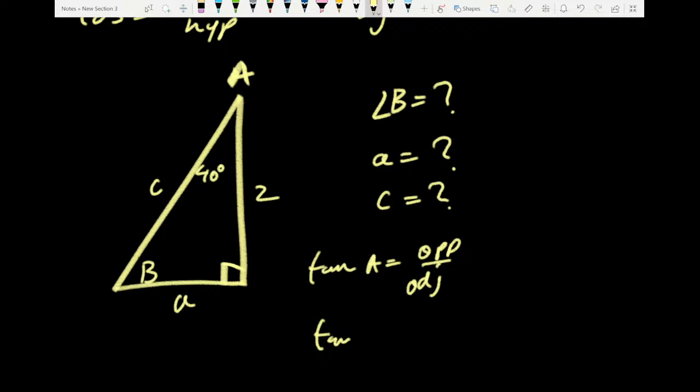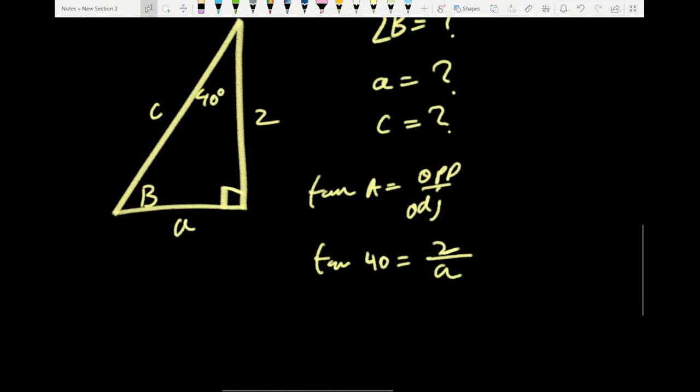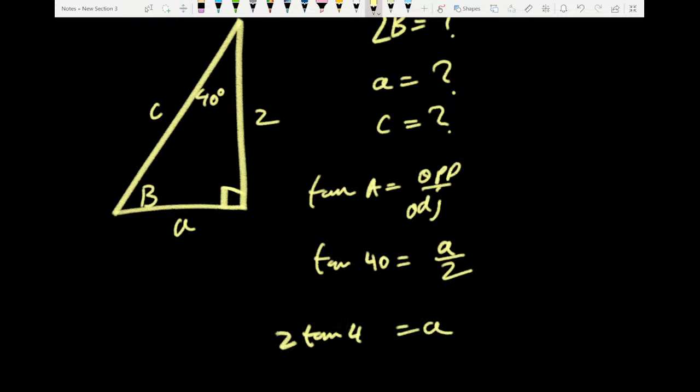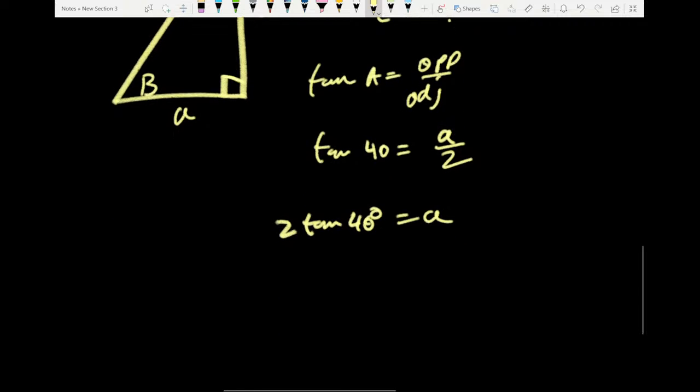So tangent of 40 equals 2 over A. So A would equal 2 over tangent of 40.